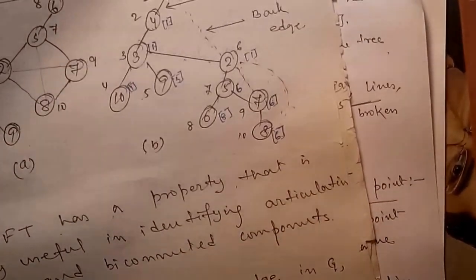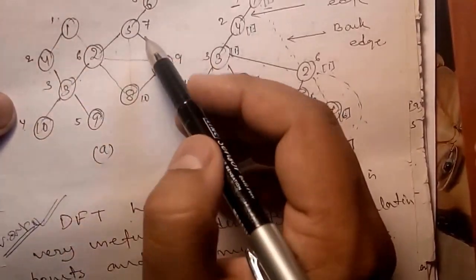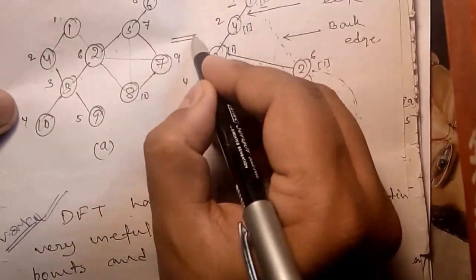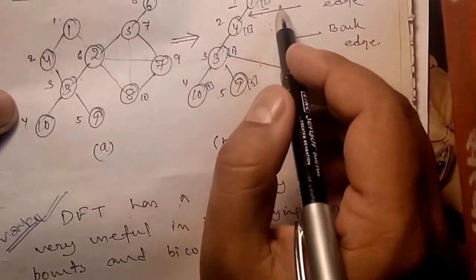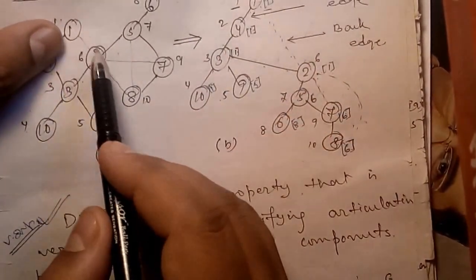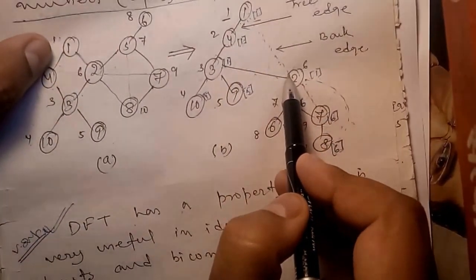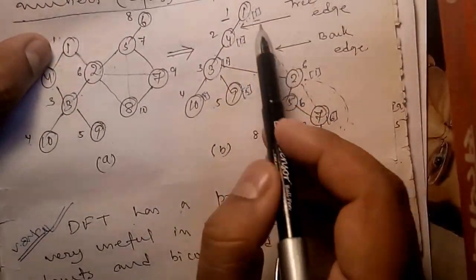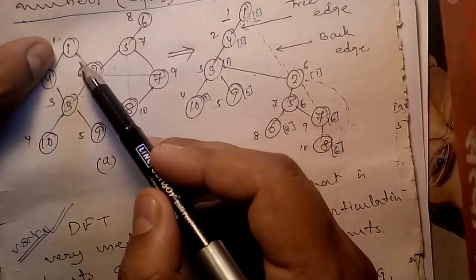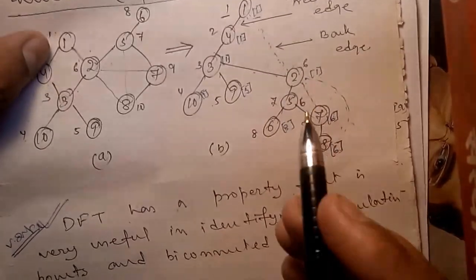Okay, so you can see here, this is a graph. We convert it by DFS and it creates a depth first tree. Now 1 to 4 there is a connection, 1 to 2 there is also a connection, but it is not part of the tree. The 1 to 2 connection is not part of the tree, but it is part of the graph. That's why it is a broken edge.